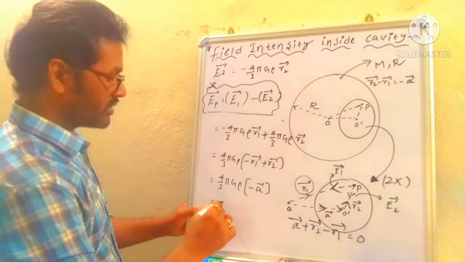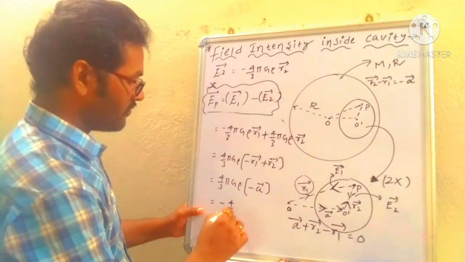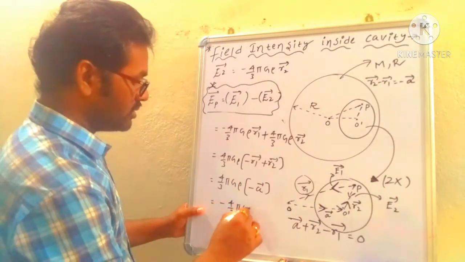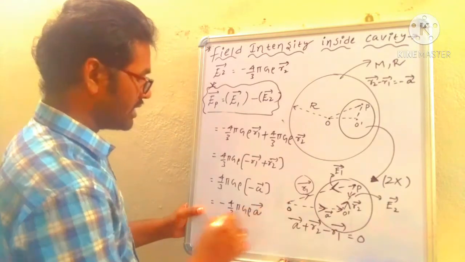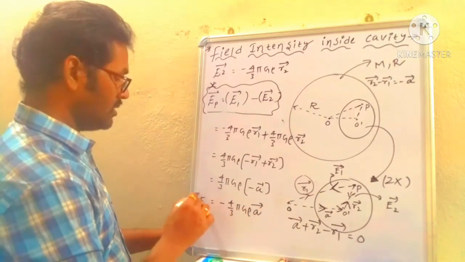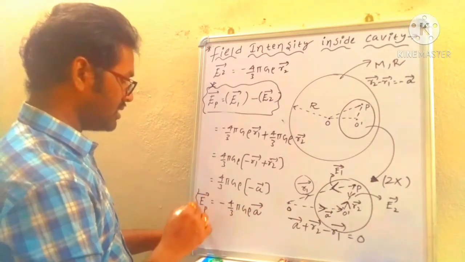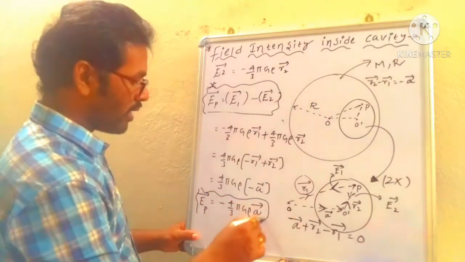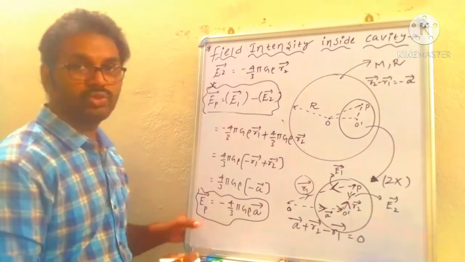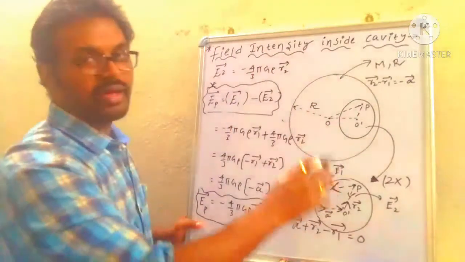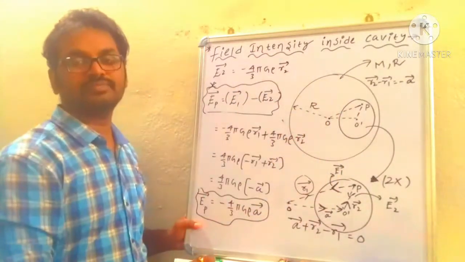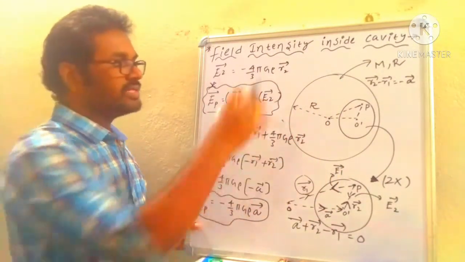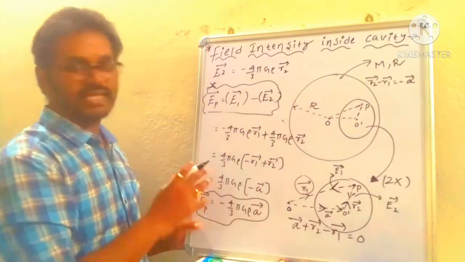And finally we got the result: minus 4 by 3 pi G rho into A bar, which is the resultant field intensity at the point P due to this sphere having the cavity. So inside the cavity we got this expression.